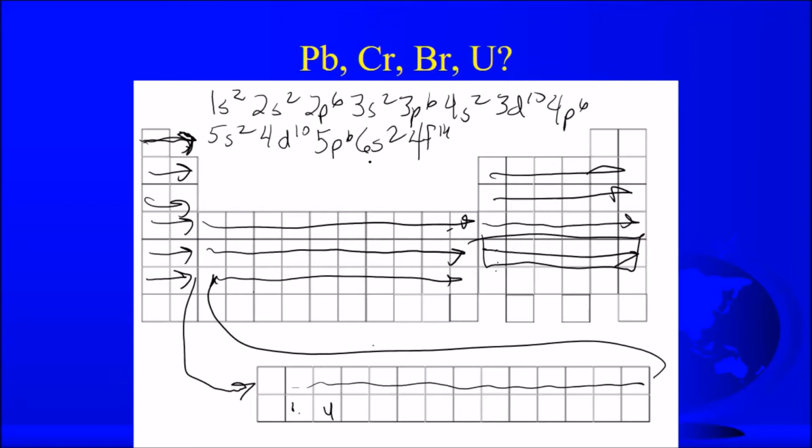We're in the 6th floor, so 6p is over here. We need this section right here. We're in the, which section is that? S, P, D, or F? What? Okay, and the D's are always one floor behind. So if you're in the 6th floor, which D are you in? 5d10. Good job.